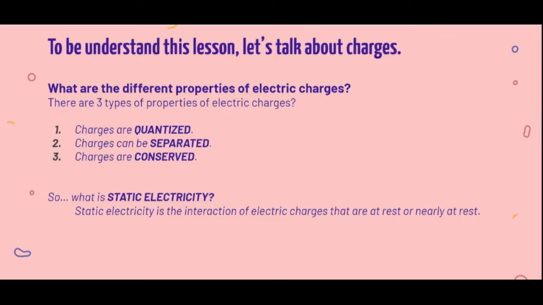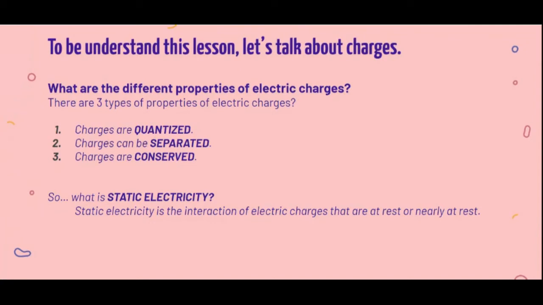It doesn't mean that they are moving already. They are only showing the repulsion and attraction by means of electrostatic force present, but they do not move. Right? They do not travel from one point to another. They are still at rest. Right? So that is static electricity.